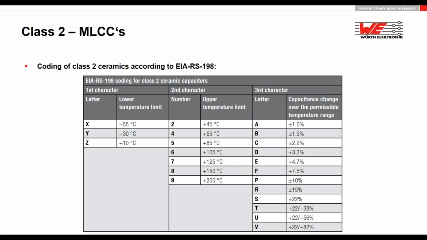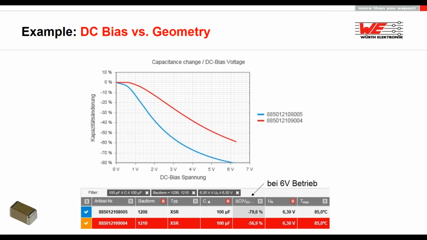And if we talk about the DC bias behavior, I took an example out of our online tool, REDEXPERT, taking two 100 microfarad types. One is a 1206 and the other one is a 1210. Both are X5R ceramics, so they're pretty similar, and they both have the same rated voltage of 6.3 volt.